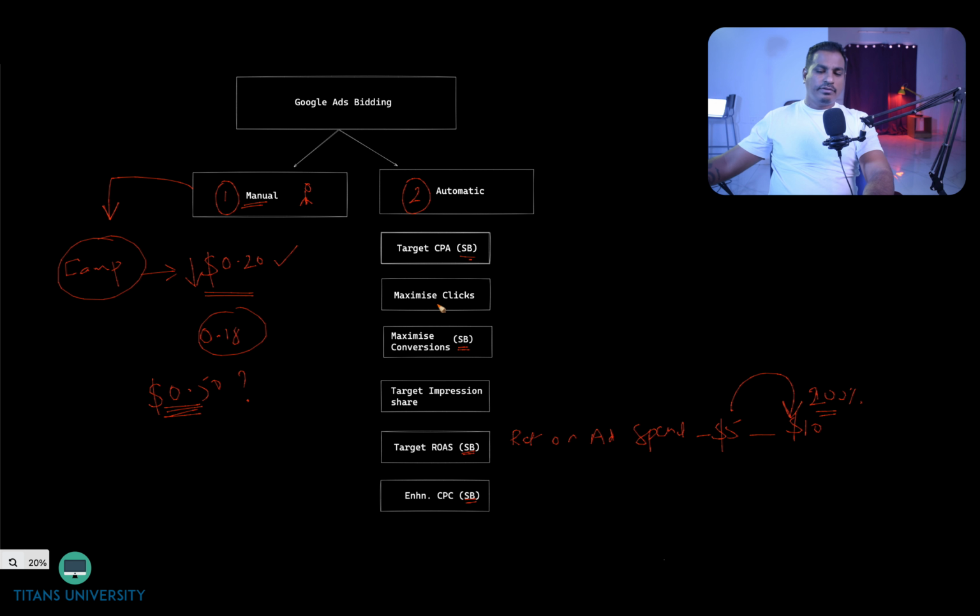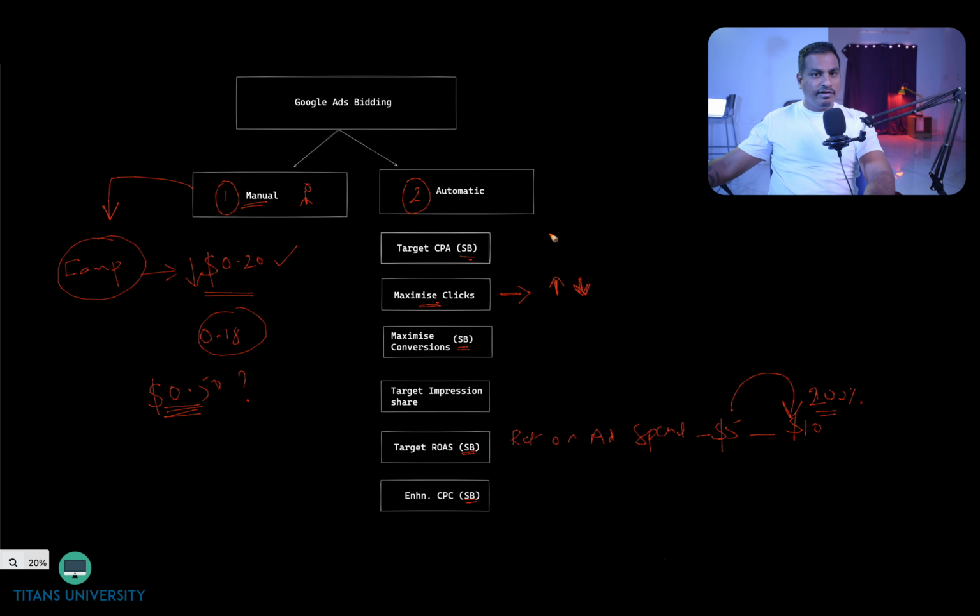Now, while choosing the automatic bidding option, if you want to maximize your clicks for the money that you're spending, Google will automatically make sure it will start bidding higher where Google sees a scope for getting you more clicks, and it will increase your bids there. If the chances of getting your clicks are less, it will start automatically reducing your budgets. Why is it called automatic bidding?